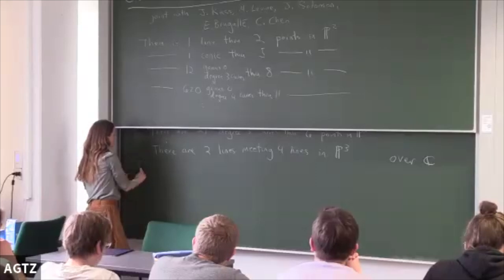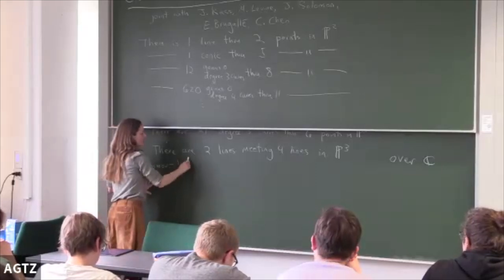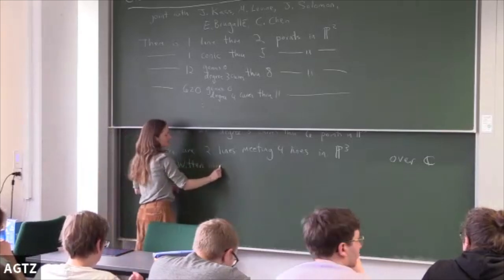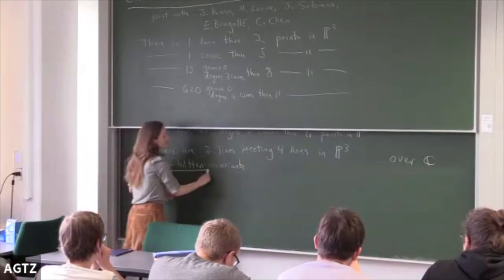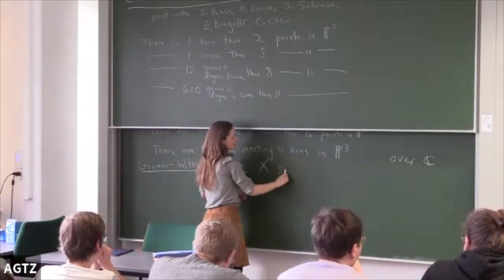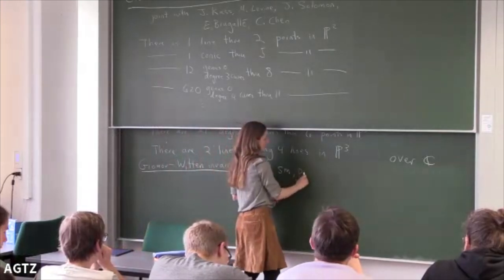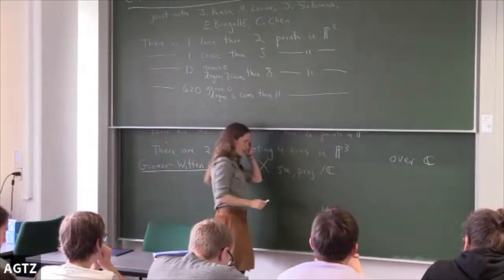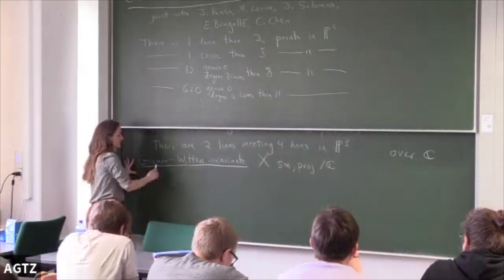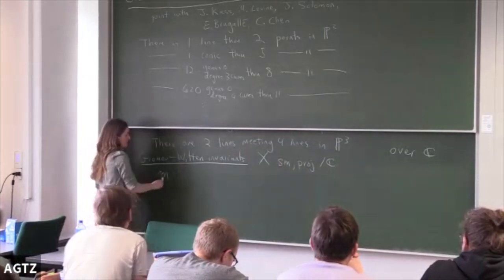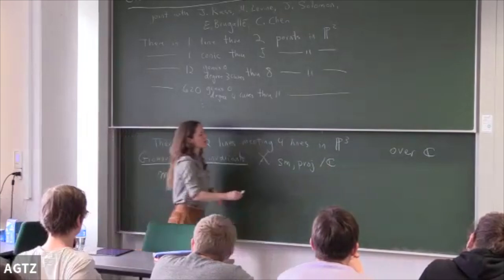And if we want to set up these counts, we can do it cohomologically. So these are all examples of Gromov-Witten invariants. So we're interested in all curves satisfying some conditions. So let's express those conditions with cohomology. Let's take X smooth projective over C. And then there's a Kontsevich moduli space consisting of all of those curves of some sort of degree.